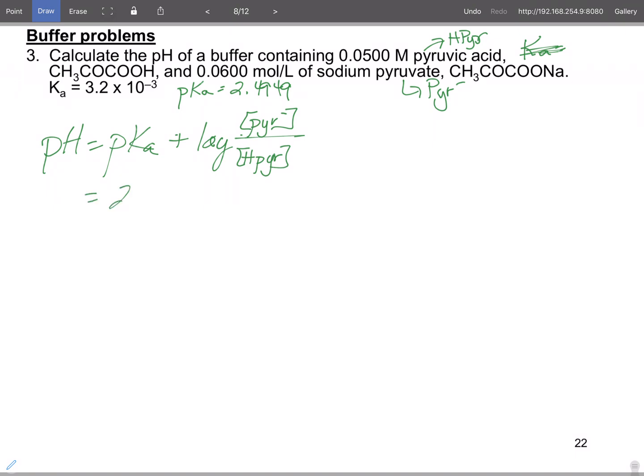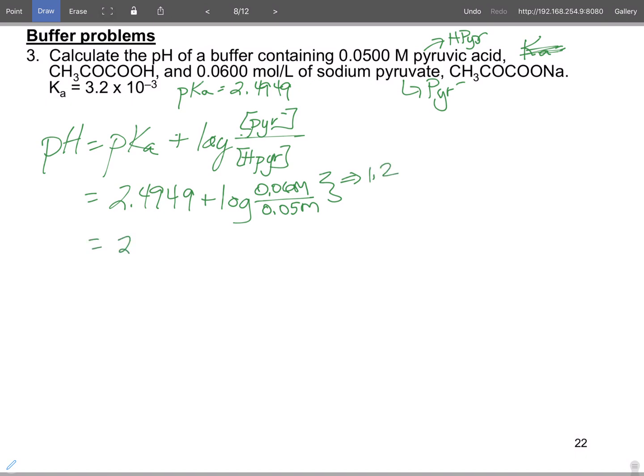So we're given 2.4949 plus the log of, and in this case, we're given both values in molarity, but we don't know the volume. We know it's the same, but we don't know what it is. So let's just go ahead and use the values given: 0.06 molar over 0.05 molar. So when we look at this, the ratio is 1.2.